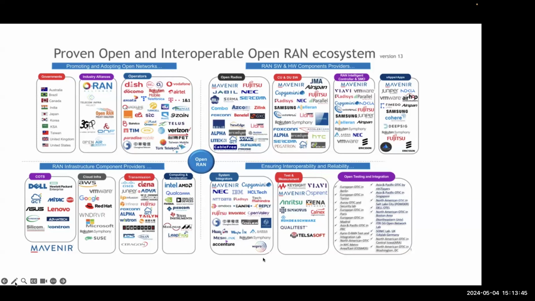By the way, this slide was prepared by Mavenir, and as you can see, it's version 13. Unfortunately, next year, God willing, we will come and see that it's halved. Not everyone will be able to continue because there's not much money for everyone.